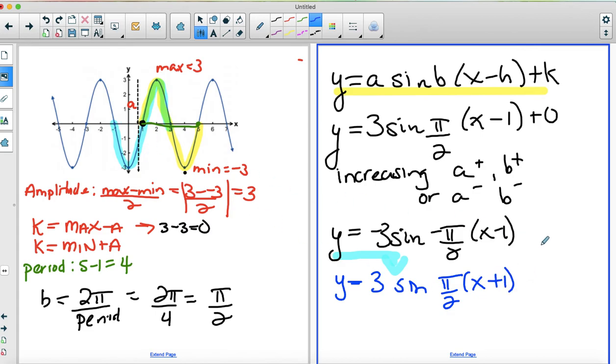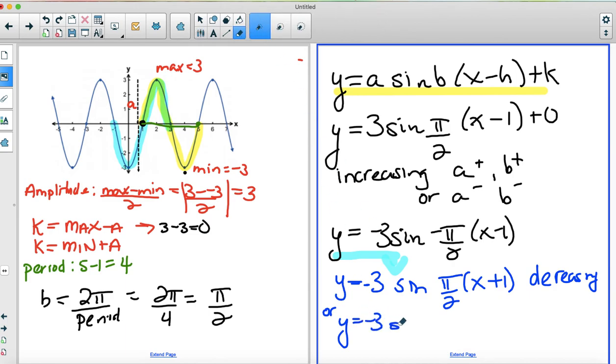Now, because this is decreasing, what's different is that I'm going to have either the a or the b negative. I choose to put the a, or you can choose to put the b. So y is equal to 3 sine of pi over 2 negative x plus 1.